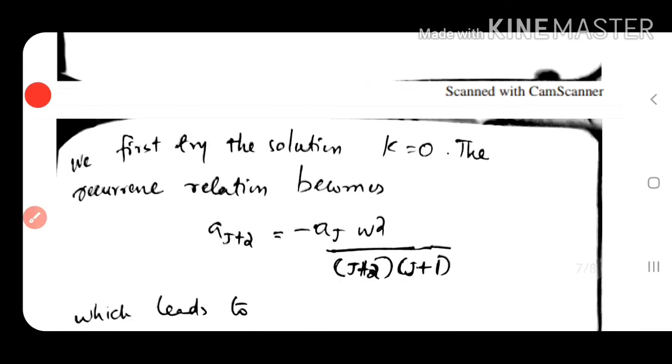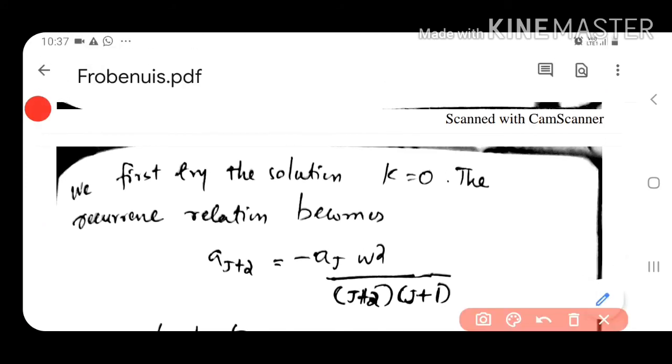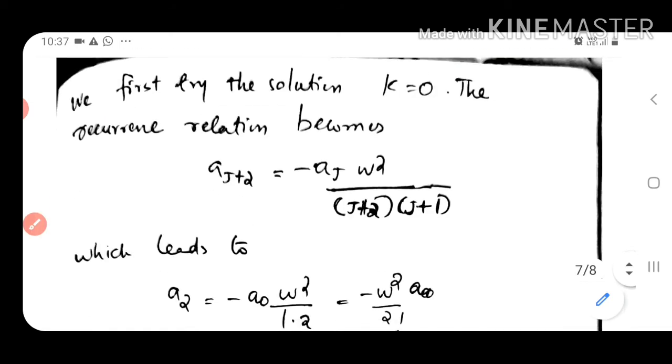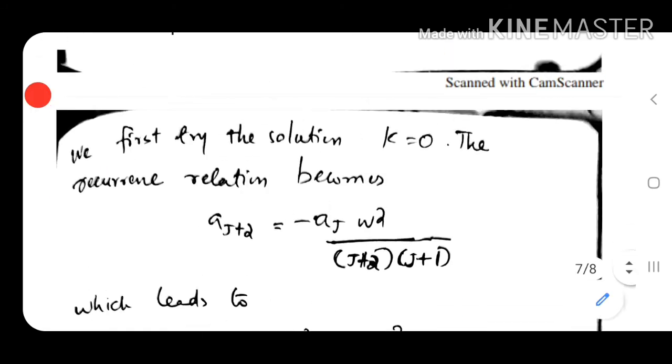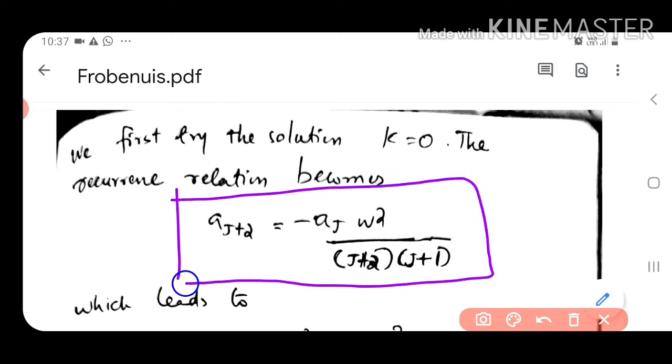Now we are going to find the solution. We first try the solution for k equal to 0. Then the recurrence relation becomes aj plus 2 equal to minus aj omega square by j plus 2 into j plus 1.